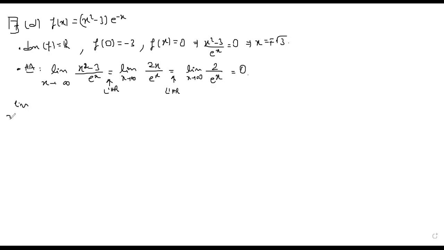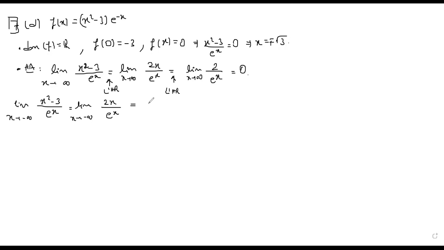And also the limit of this function, x squared minus 3 over e to the x, as x approaches minus infinity. We have again infinity over infinity, so we apply the rule and get the limit as x approaches minus infinity of 2x over e to the x, right?